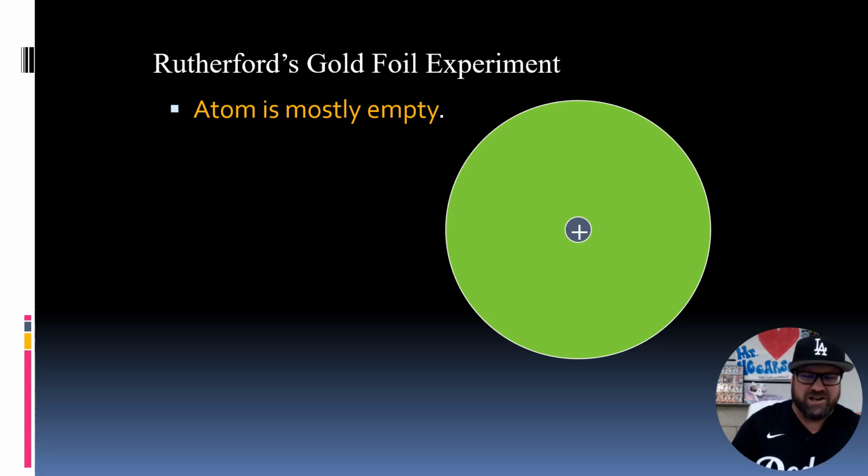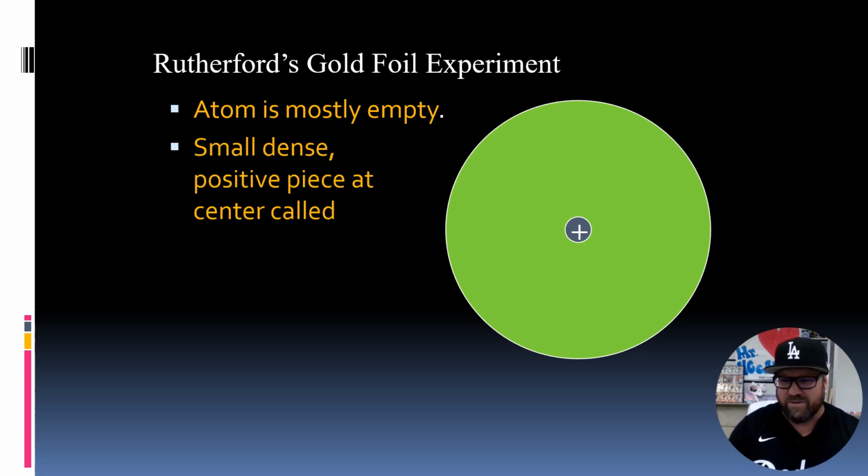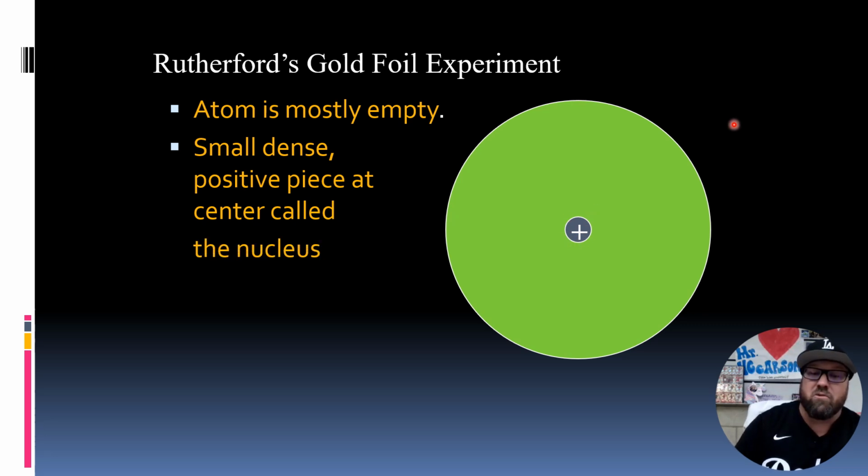You and I, ladies and gentlemen, and the table that I'm sitting at and the chair that I'm sitting on are mostly empty space. Okay, don't take it personal. However, he found a small, dense, very heavy positive piece at the center of all atoms, and he called it, drumroll, the nucleus. So Rutherford discovered the nucleus.